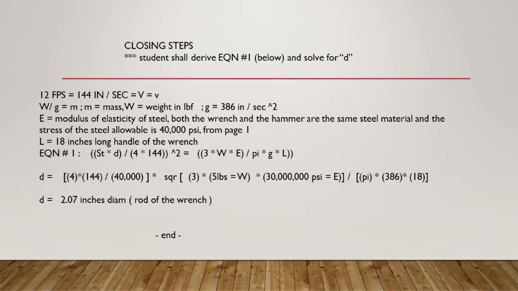Now in the end, as you will see as an engineer or even a junior engineer, by looking at the solution, you should be raising your hand and calling out a red flag and saying, but sir, your answer is 2.07 inches and the actual wrench diameter is 2.0 inches by measurement, or maybe even less.